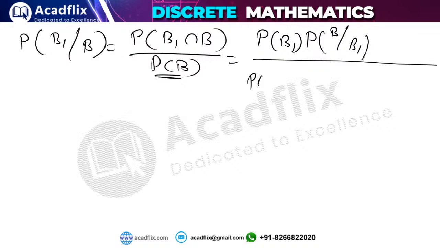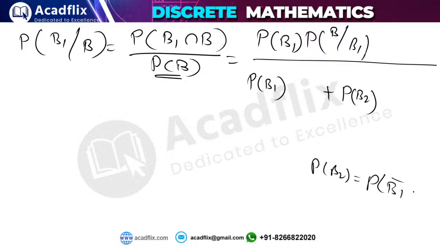P of B2 is actually the same as P of B1 bar. You can say either you select box 1 or you do not select box 1, so both are the same, because not selecting box 1 means selecting box 2.